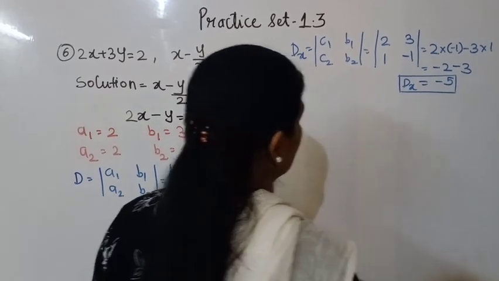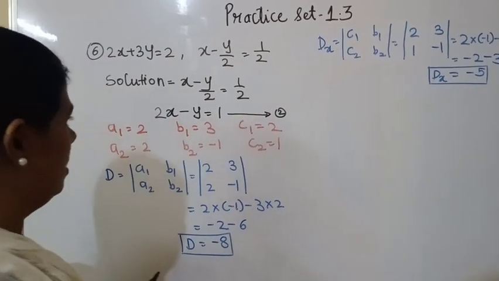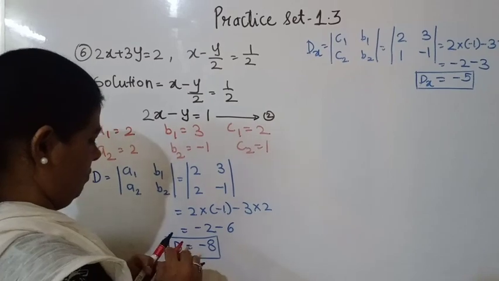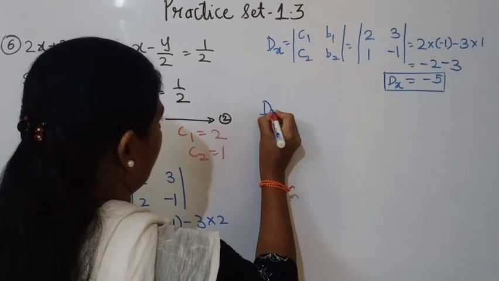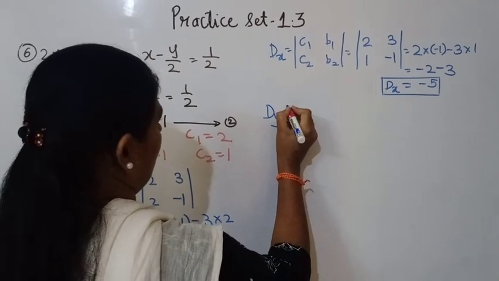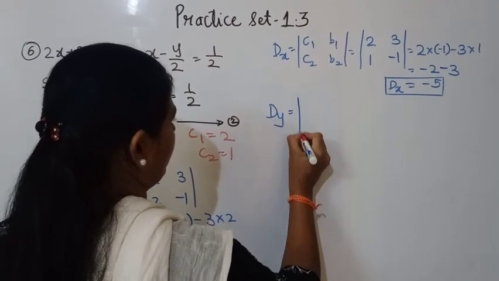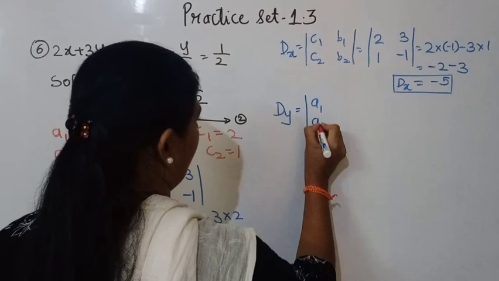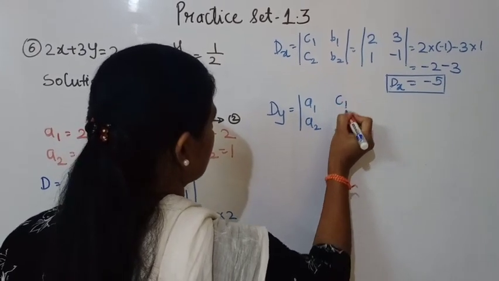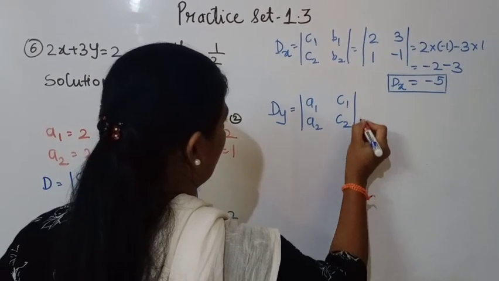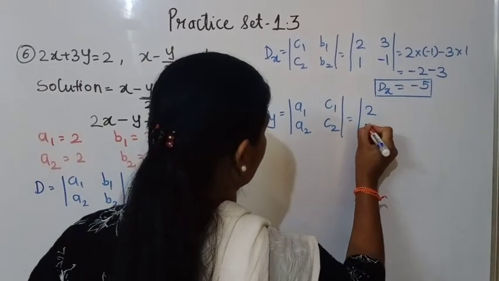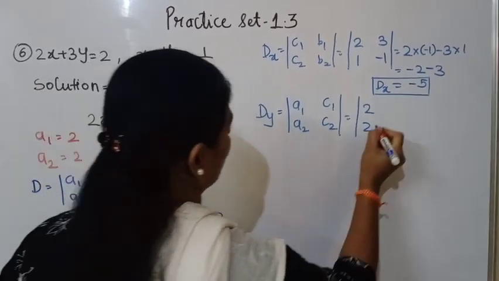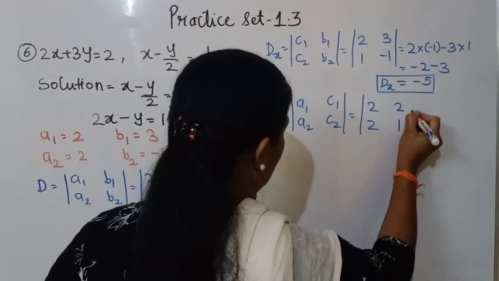Now we'll find the value of dy. dy equal to a1, a2 and c1, c2. We'll cross multiply. a1, a2 is 2, 2 and c1, c2 is 2 and 1.